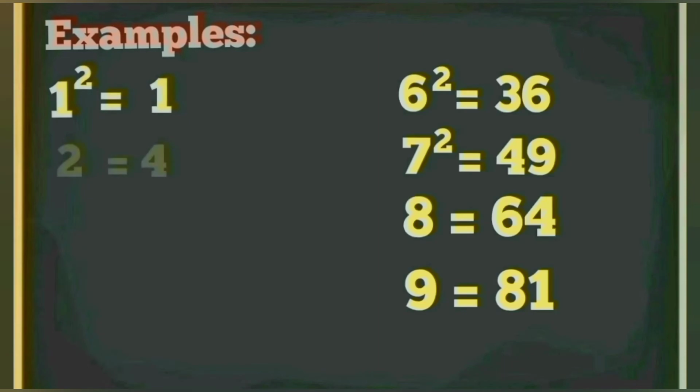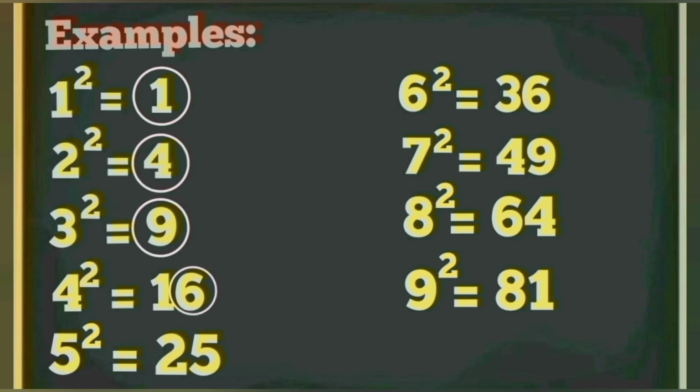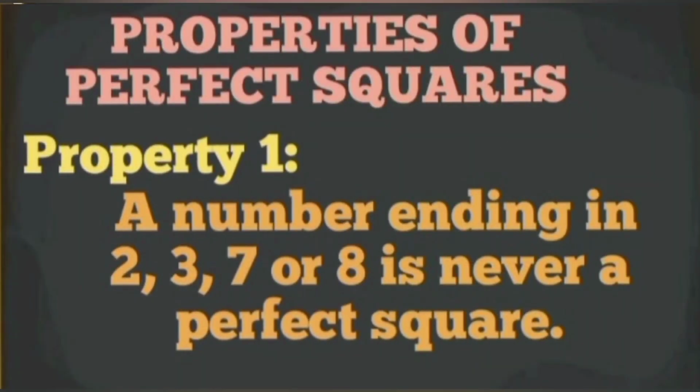In these examples, you will find that from 1 square till 9 square, the ending digit is 1, 4, 9, 6, 5, 6, again 9, 4, 1. There is no number ending in 2, 3, 7 or 8. So it is clear that if you have any number ending in 2, 3, 7 or 8, it is not a perfect square.